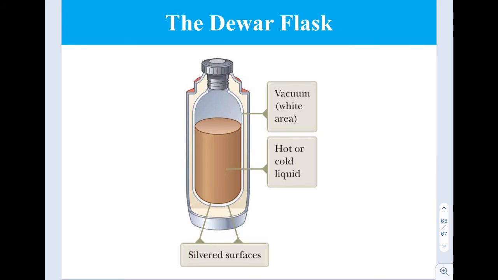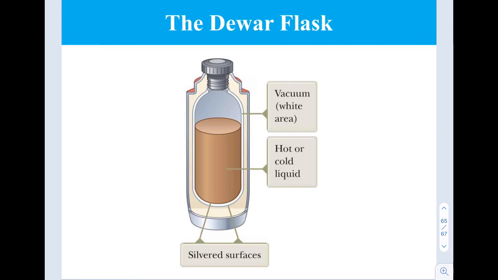The Dewar flask is a container designed to minimize energy transfer by conduction, convection, and radiation. Such a container is used to store cold or hot liquids for long periods of time. An insulated bottle such as a thermos is a common household equivalent of a Dewar flask.